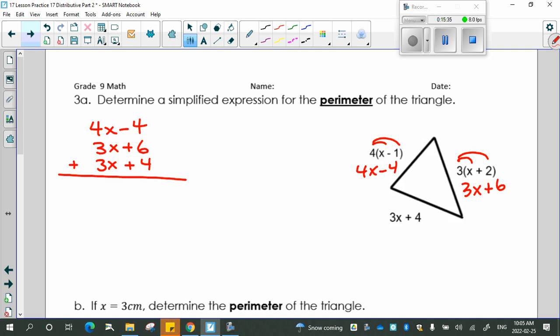You can't do it like that. So once you've expanded them, what would you get when you add the three sides together?